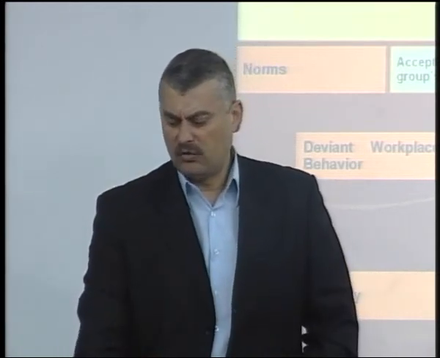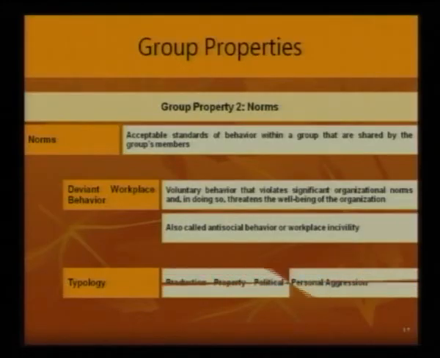When you talk about the typology of where norms might affect performance, it might affect production. Sometimes the employees within an organization develop a norm where they come late for work, or within work they work slowly, for example. So this is going to affect production.